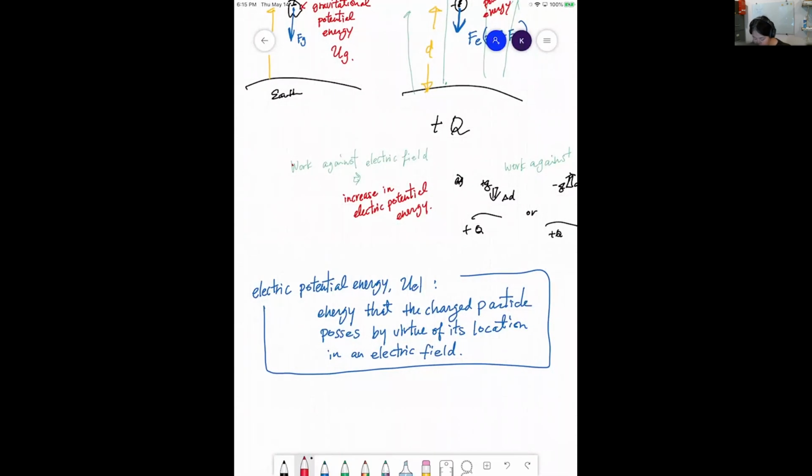And because it's a potential energy, we use the same unit, it's a joule. It can be positive or negative. Same thing as gravitational energy, but change in potential energy means something.